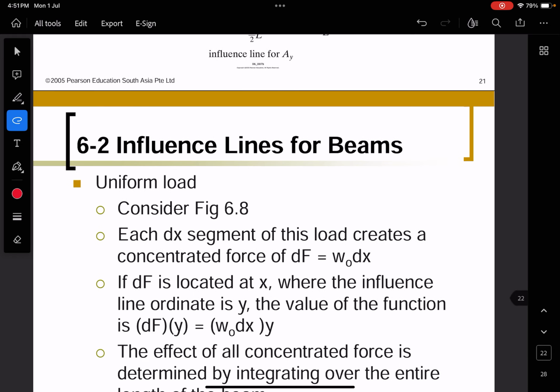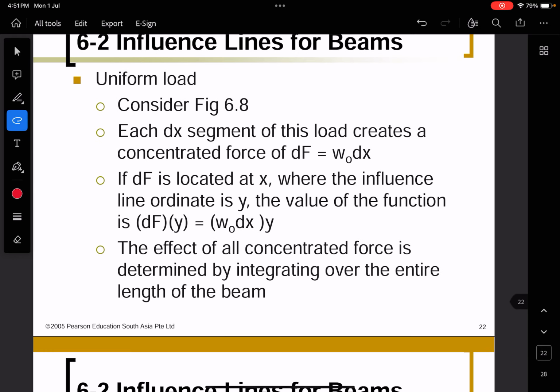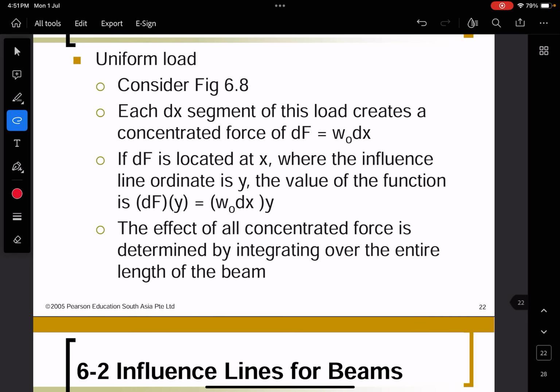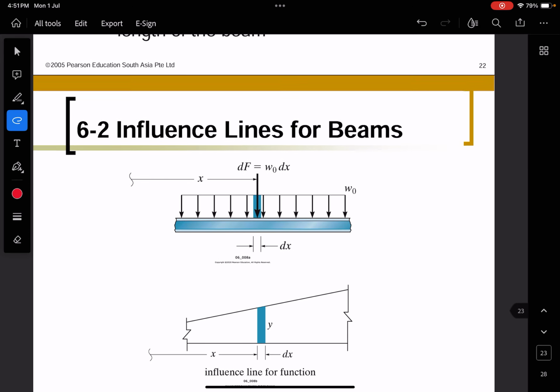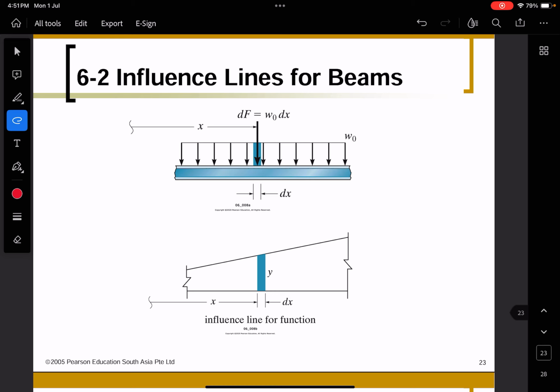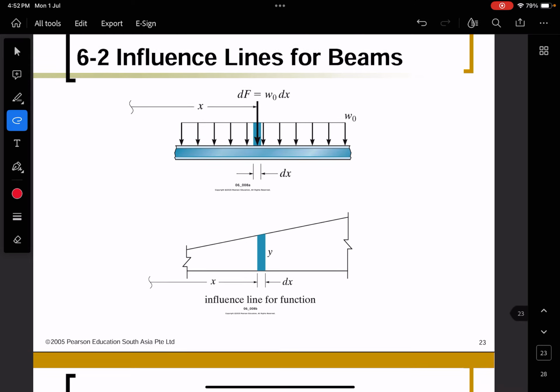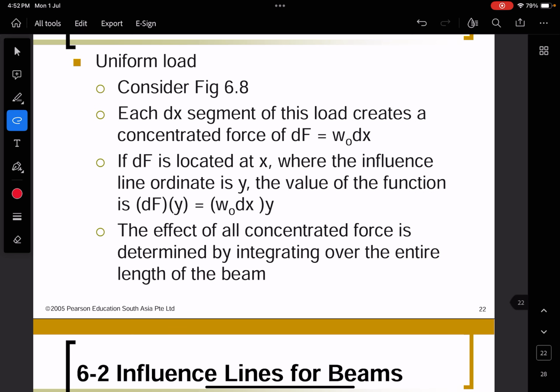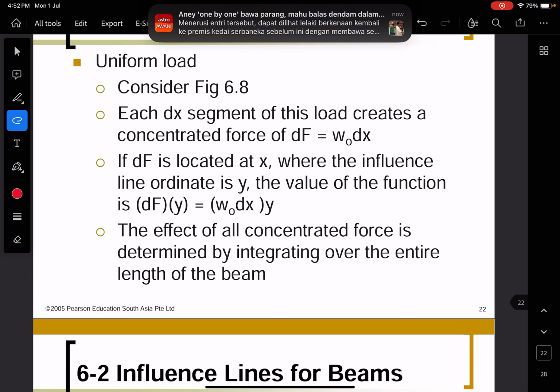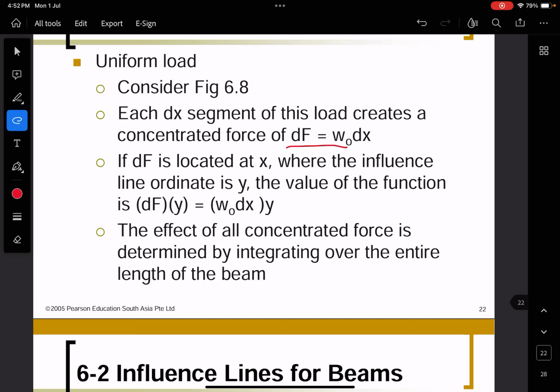Now consider the uniform load. Uniform load means a uniformly distributed load. So here I will go straight to this diagram. Let's say you have a uniformly distributed load and you want to calculate the influence line due to this. Normally, the load creates a concentrated force using this equation.